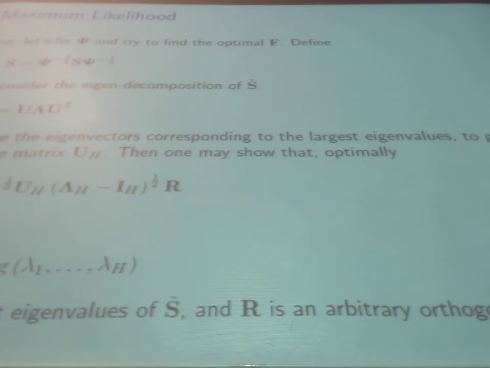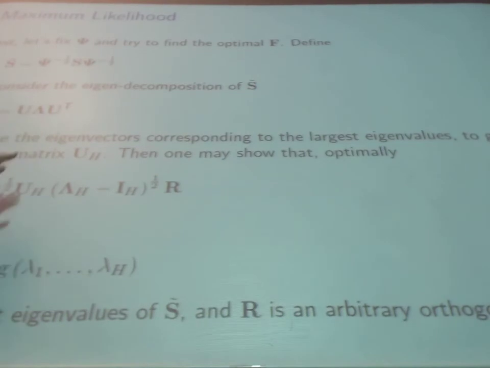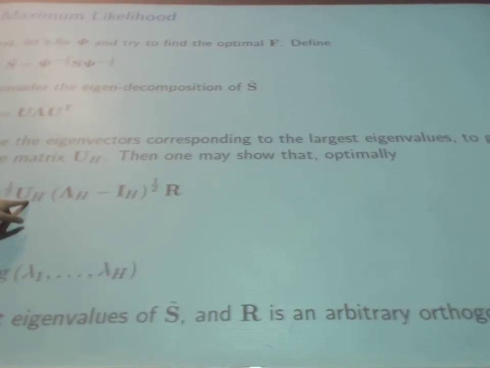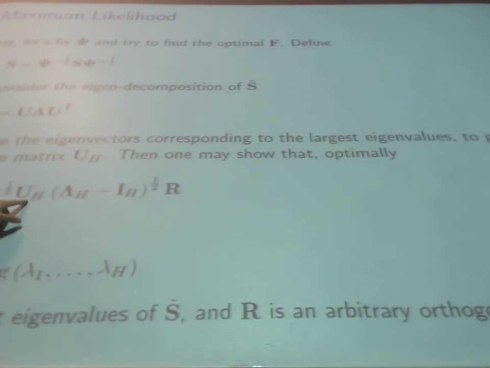And you'll find out that the optimum solution is to take this rescaled sampled empirical covariance matrix, compute an eigendecomposition of it, and F is given by essentially a diagonal rescaling of the leading eigenvectors of this decomposition of your covariance matrix.